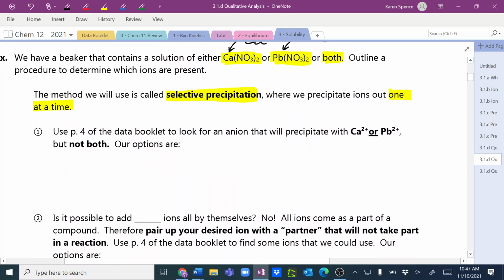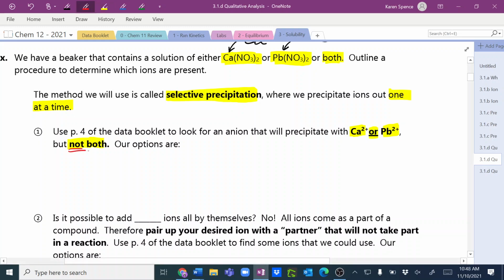So the first thing you're going to do is look at page 4 of your data booklet. If you do not have a data booklet, please come and get one, okay? You are going to find something that precipitates calcium or lead, but not both.